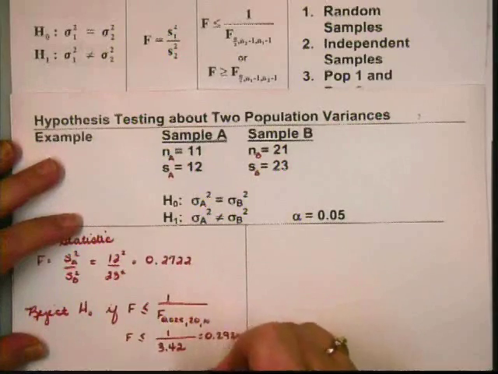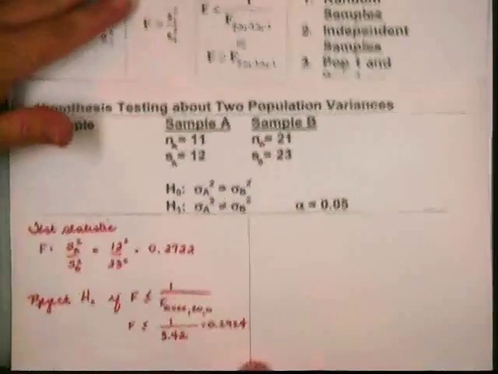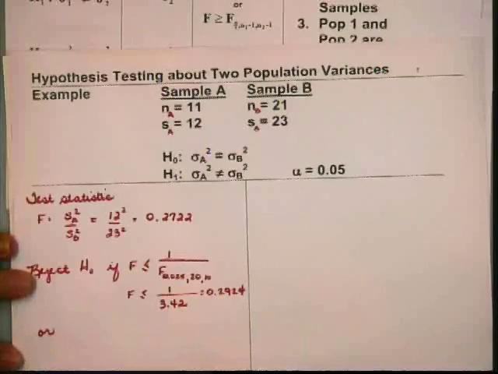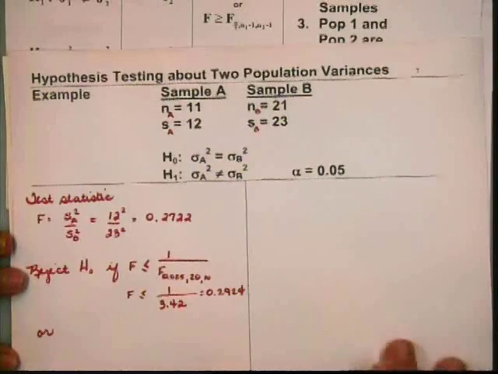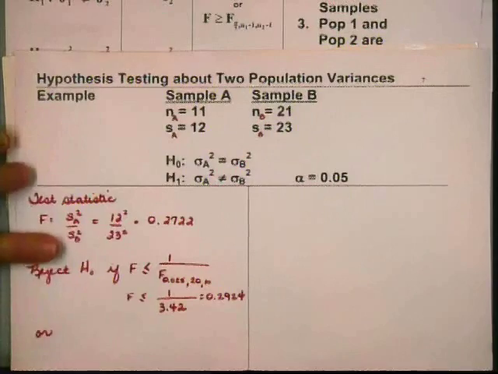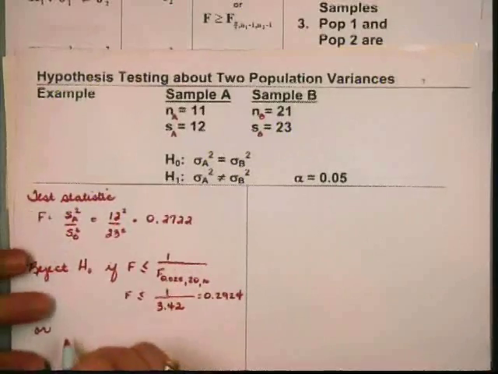So you'd reject if F were small, or in the right-hand side of the distribution. So you can think about the rejection regions. The rejection region is actually set up before you collect any data, right, if you know how big your samples are. I could write the rejection region before I ever computed the test statistic just by looking at the sample sizes. Or we'd reject if F is large.